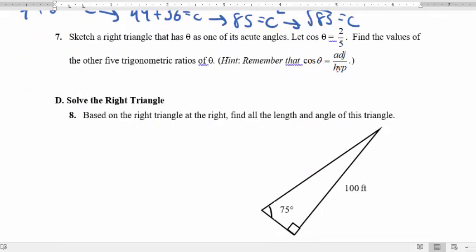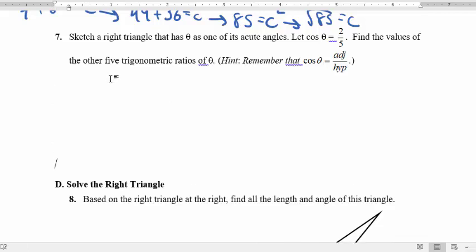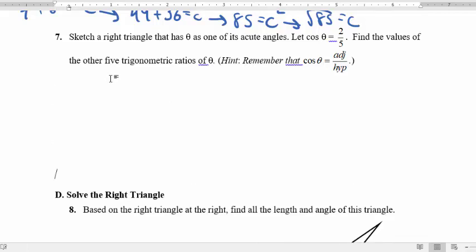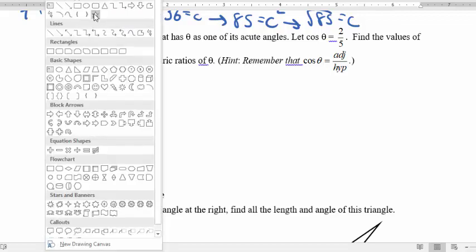So what we're going to do here now is give ourselves a little bit of room. And they're telling us to sketch a right triangle that has theta as one of its acute angles. And then we're going to let the cosine of theta equal 2/5. So what that means is, let's insert a picture here of a right triangle.